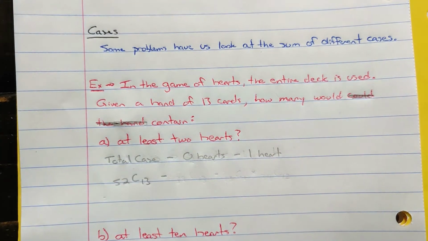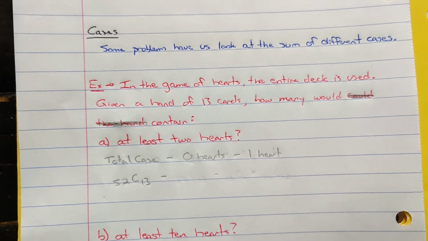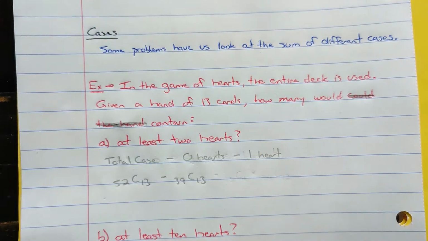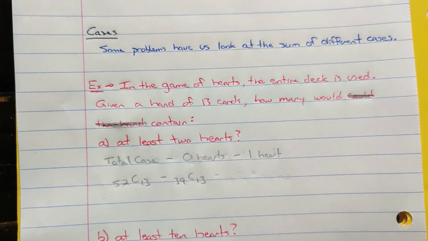Hands with 0 hearts, so now we're only left with 39 cards out of the 52. We can have the 13 clubs, spades, or diamonds, and so that's 39 choose 13. So that would be 0 hearts.